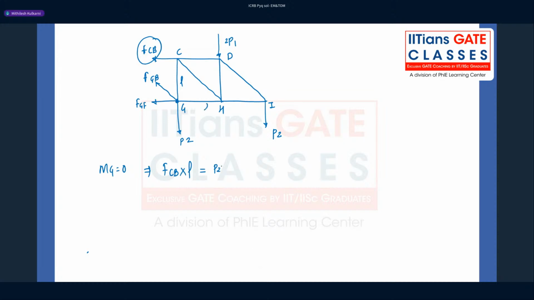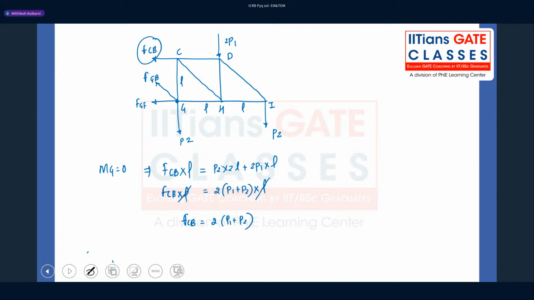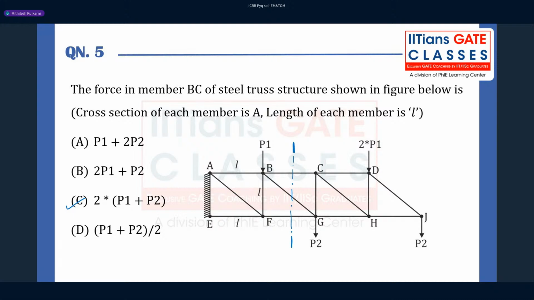P2 multiplied by 2L and 2P1 multiplied by L. So it will be like 2 times P1 plus P2 multiplied by L. That will be F CB into L. L will get cancelled. So force in the member BC is 2 times P1 plus P2. Hence option C is correct in this case.